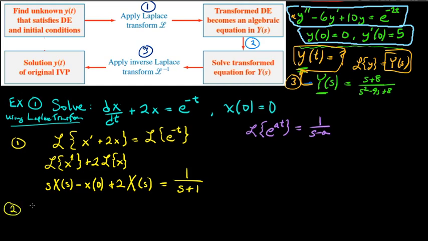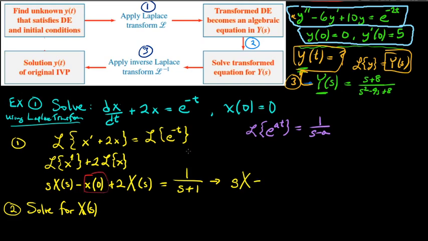Step two, now we have to solve this equation for capital X of s as a function of s. And in fact, you can suppress the of s. So s times X minus, what's x of 0?